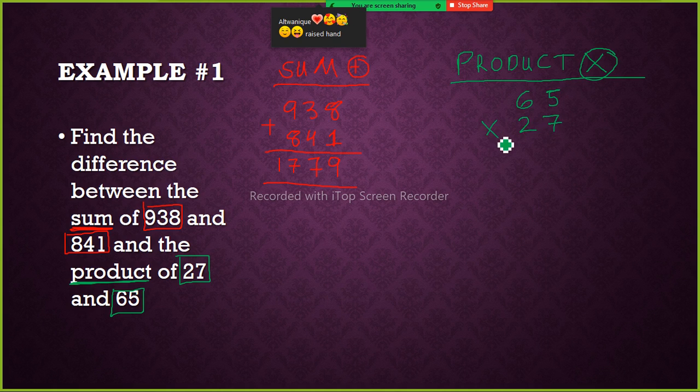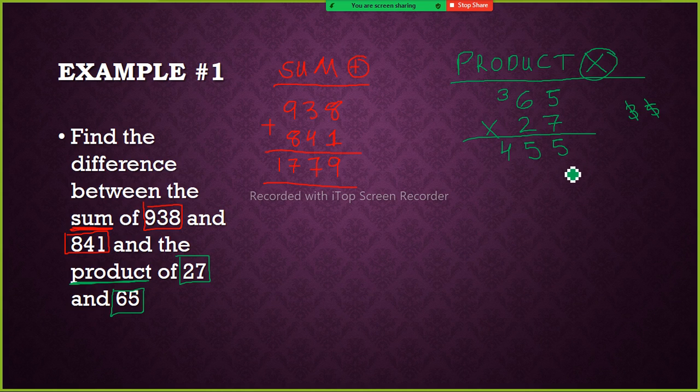So when we multiply these two, we have 7 times 5. What is 7 times 5? That is 35. So we put the 5 down and the 3 above. Next we have 7 times 6. That is 42, plus 3 is 45.